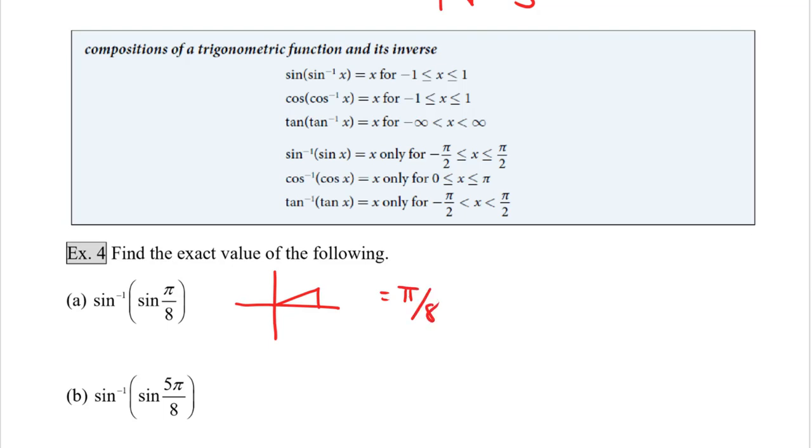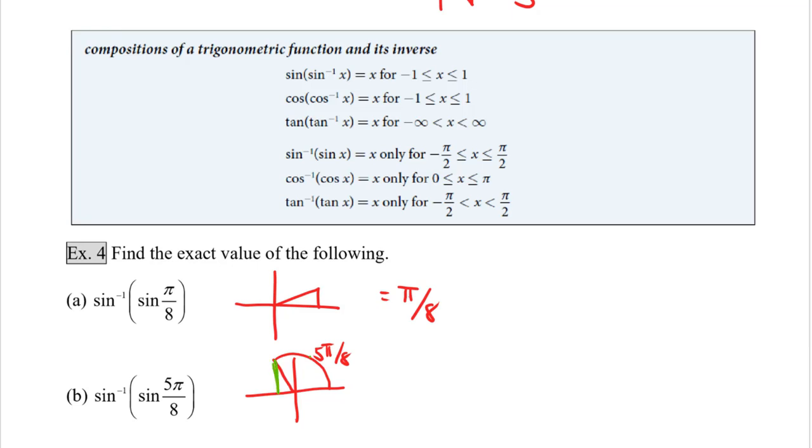But now watch what happens if we do the inverse sine of the sine of 5 pi over 8. 5 pi over 8 is more than 4 pi over 8, or pi over 2, so 5 pi over 8 has to be in quadrant 2. Quadrant 2 is not in the range of inverse sine. So let's think about this for a minute. When we think about sine, sine is the y value, so that is how high up this coordinate is.